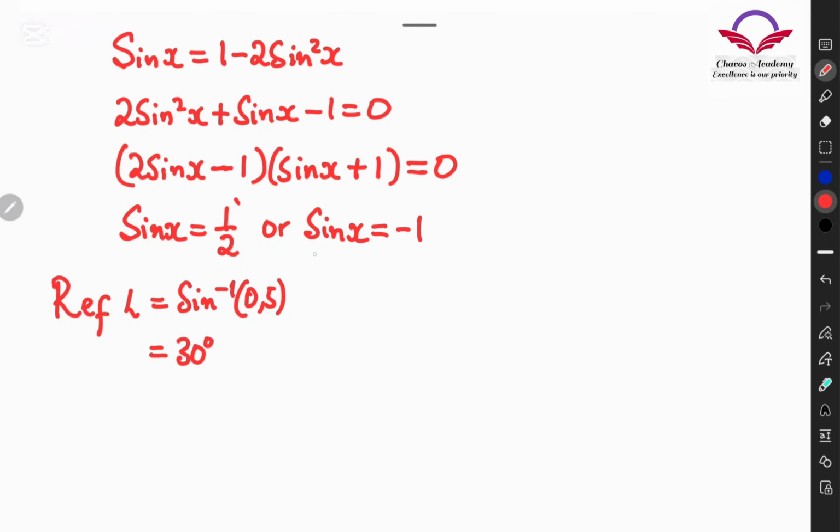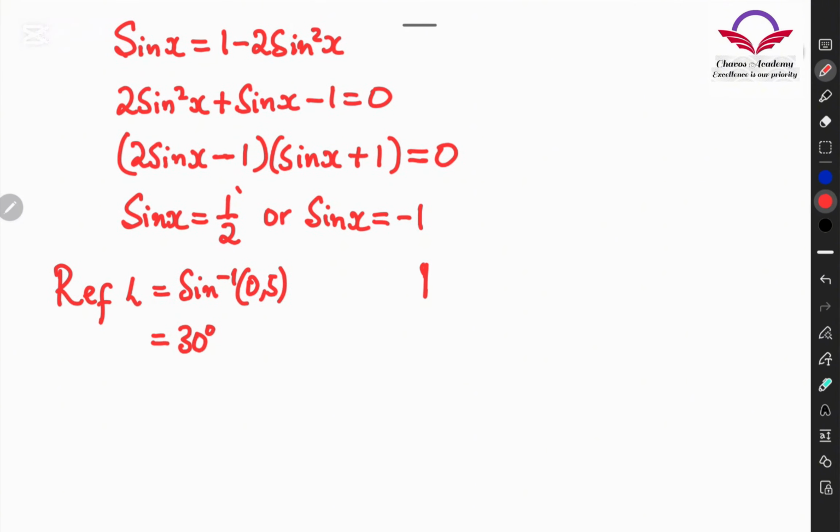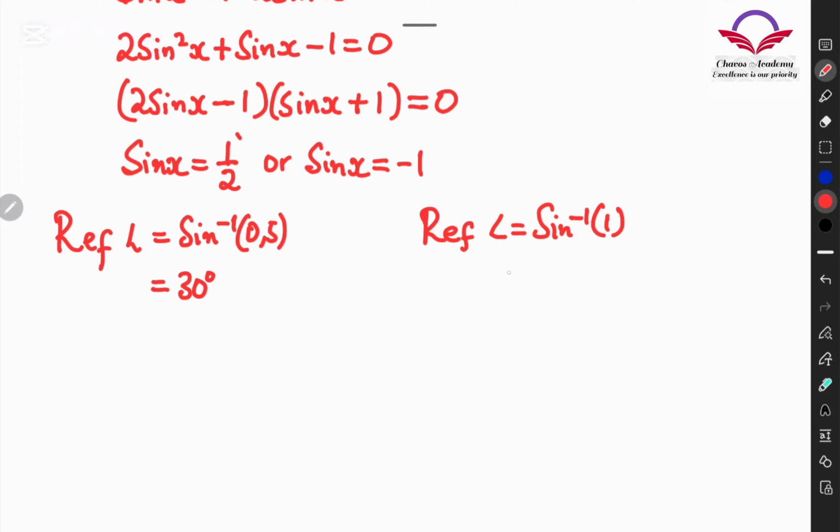And on this one we can have ref angle equals second function sine of positive 1. We ignore that negative, it's only there to direct you which quadrant you should play within. This will be 90 degrees.